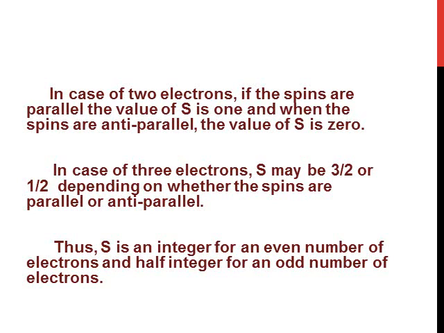So depending upon the direction, whether parallel or anti-parallel, the total value of S depends on the number of electrons. In case of 3 electrons, S may be 3 by 2 or 1 by 2, depending on whether the spins are parallel or anti-parallel. Therefore, S is an integer for an even number of electrons and a half integer for an odd number of electrons.